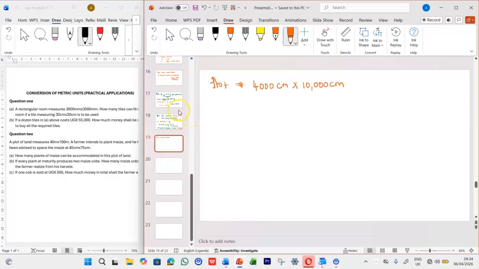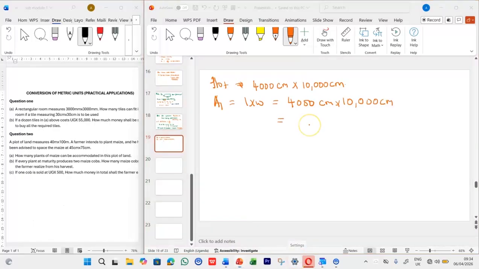So what is this area? Area 1 equals 4,000 centimeters times 10,000 centimeters.